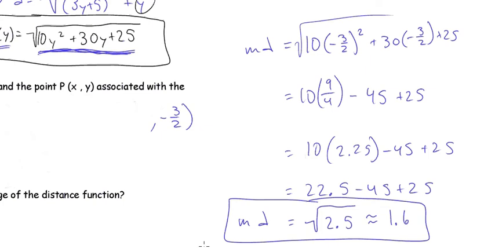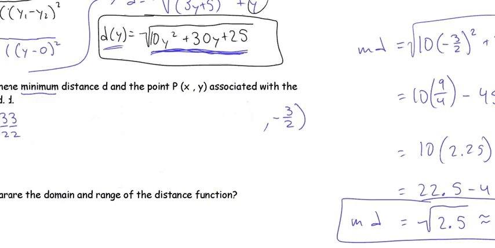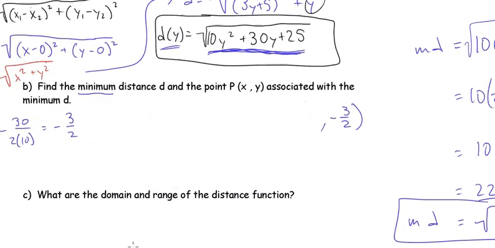Okay. Now, what's our x value going to be then? Well, we have to go back to the equation of the line that we know. We knew that x minus 3y equals 5, and we added 3y to each side. So now we have x equals 3y plus 5. And all we're going to do is plug in our y value. So x is equal to 3 times negative 3 halves plus 5.